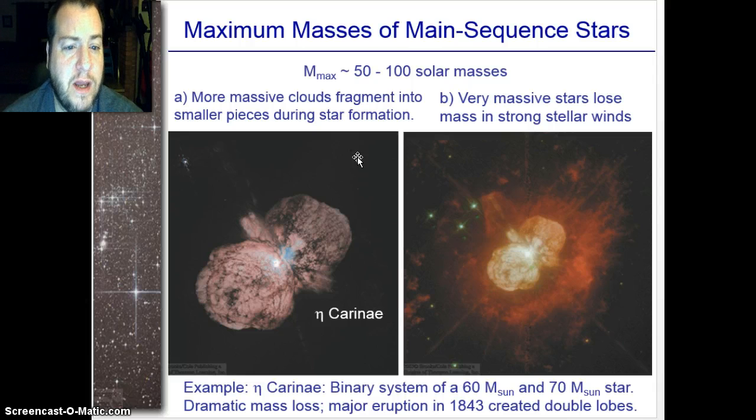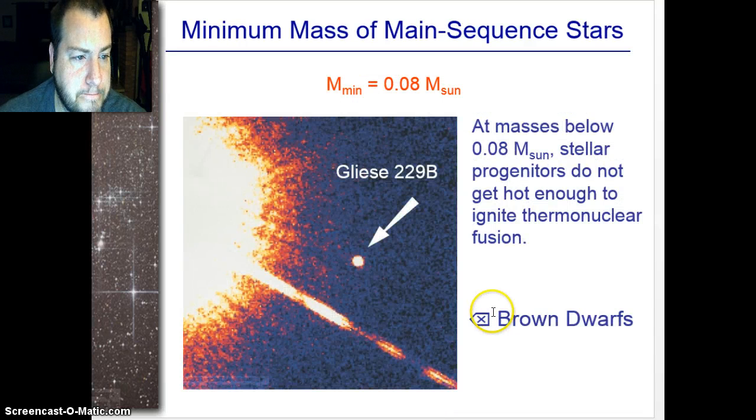And these very massive stars lose a lot of their mass with solar winds. In this case, this binary system had a 60 solar mass star and a 70 solar mass star. And because we get larger than this number right here, there was a dramatic loss of mass as this exploded.